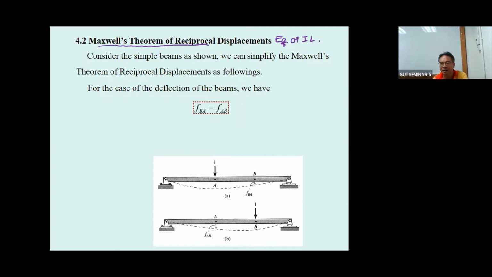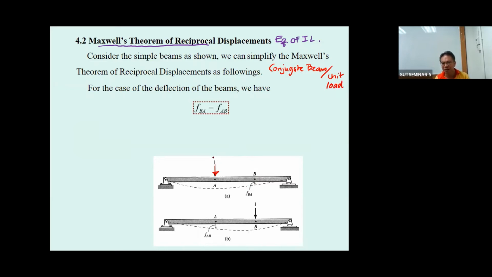Just consider the beam. When the beam is subjected to a point load at point A, you can find the deflection at point B by using, for example, the conjugate beam method, or you may use the unit load method to determine the deflection.